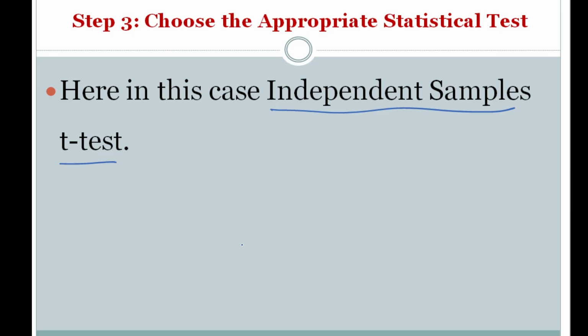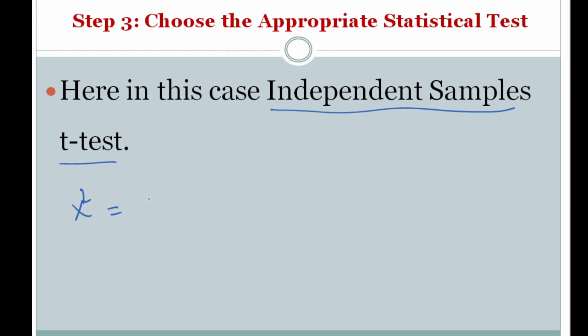And if the scenario is different, we can also use other significance tests. For example, chi-square test can also be used when there are categorical variables and we are going to find out relationship between these categorical variables.